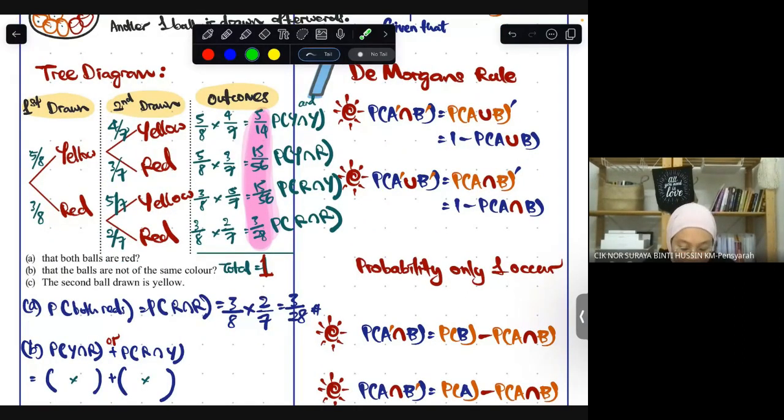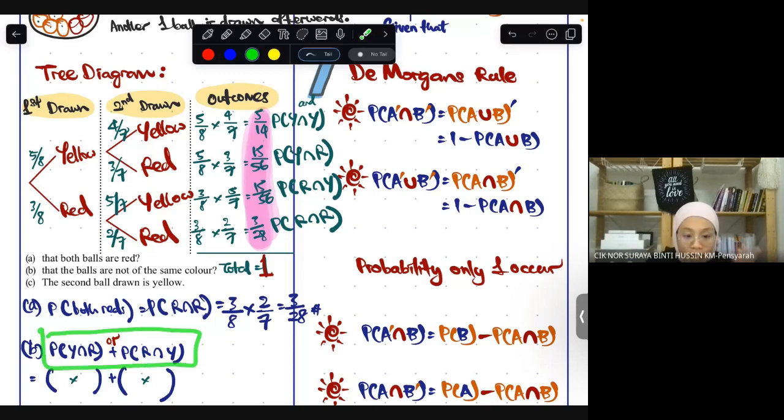Okay, next part, B, find the probability that the balls are not of the same color. Balls not of the same color. It means there can be 2 situations. It can be yellow red or red yellow. So it is not possible to be yellow yellow because it says not the same color, right? So you can just write down this part.